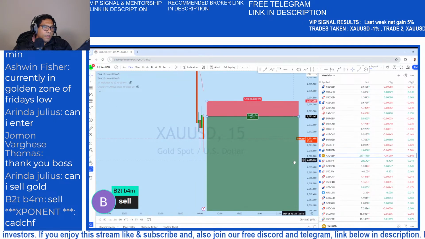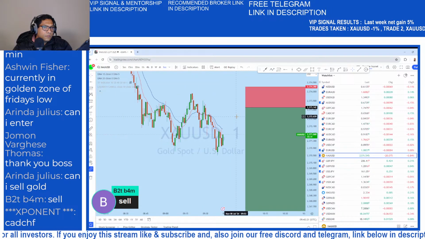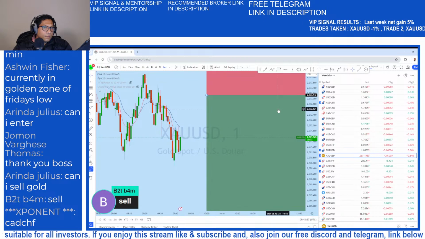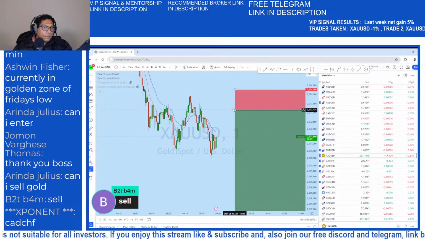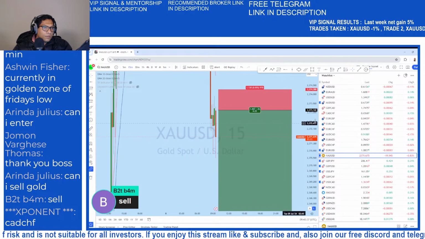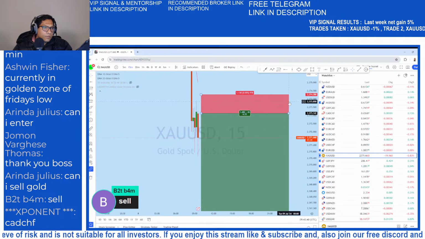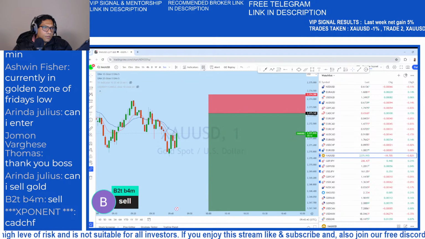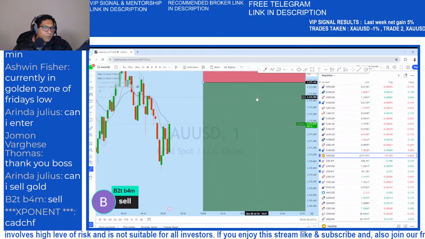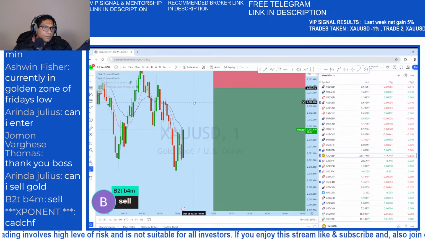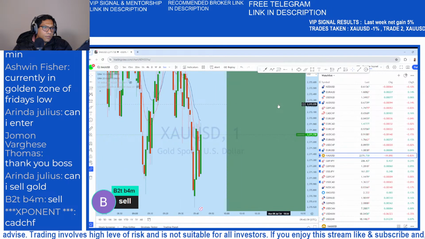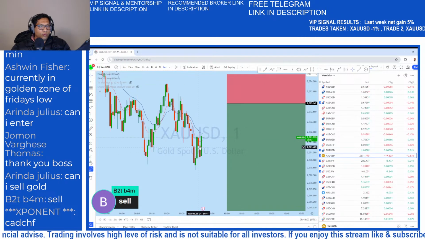Pretty bearish. Very weird structure is formed here.